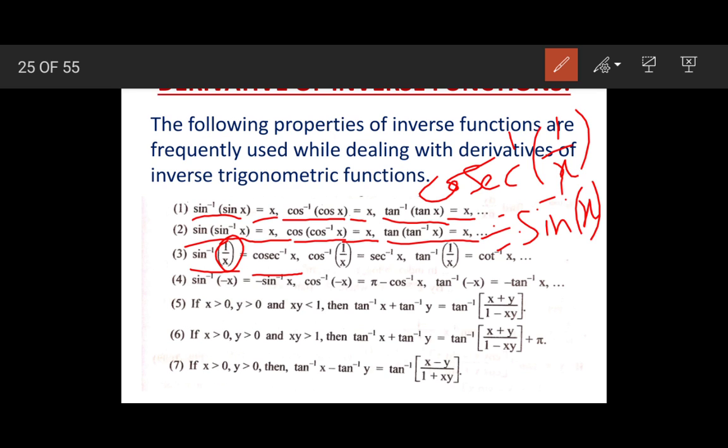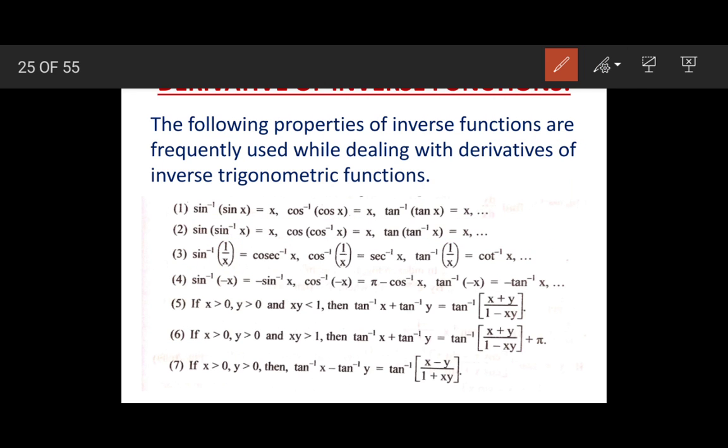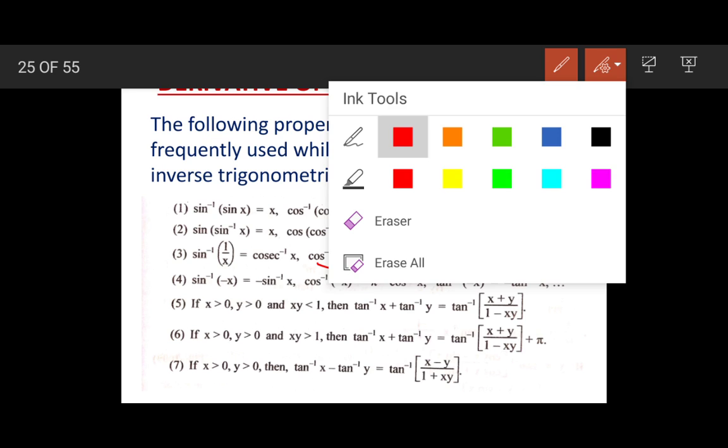Same rule is applicable for cos inverse 1 upon x. Cos inverse 1 upon x will be sec inverse x and sec inverse 1 upon x will be cos inverse x. Similarly, tan inverse 1 upon x will be cot inverse x and cot inverse 1 upon x will be tan inverse x.